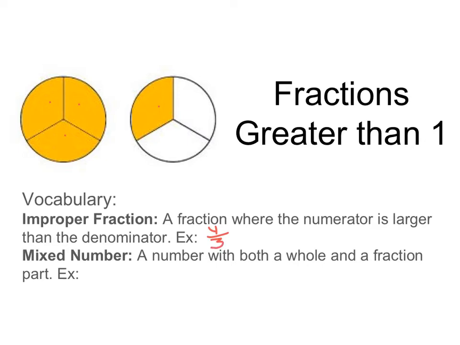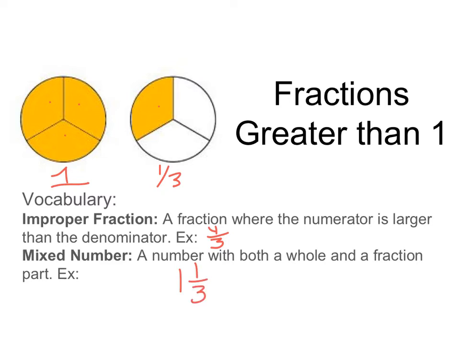A mixed number is where you have all the wholes separate and then just a fraction part. In this case, there is 1 whole and then 1 extra third. So the mixed number version would be 1 and 1/3.